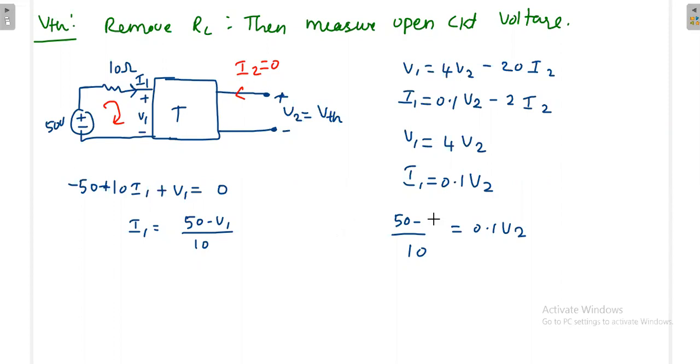So 50 minus V1 divided by 10 is equal to 0.1 V2. Then once you solve this, you are getting 50 minus V1 is equal to V2.